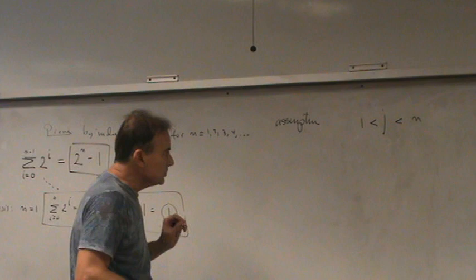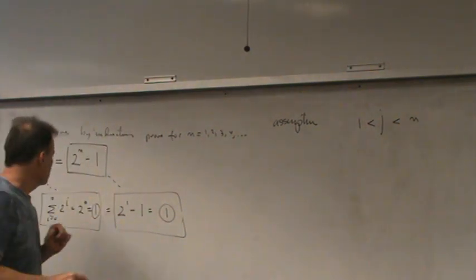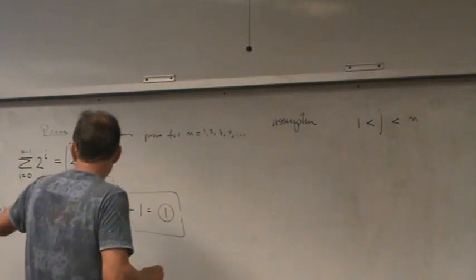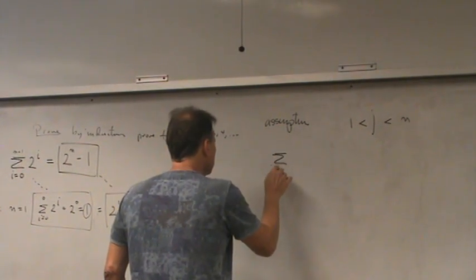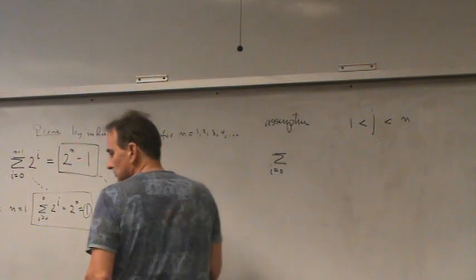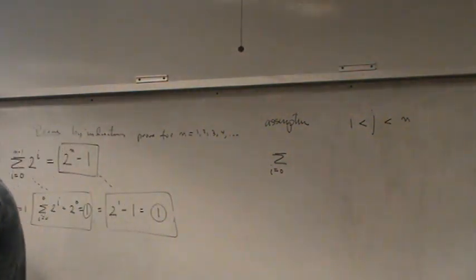So if we assume that it's true for J, we will assume that the summation as I goes from 0 to, what's the assumption going to be?